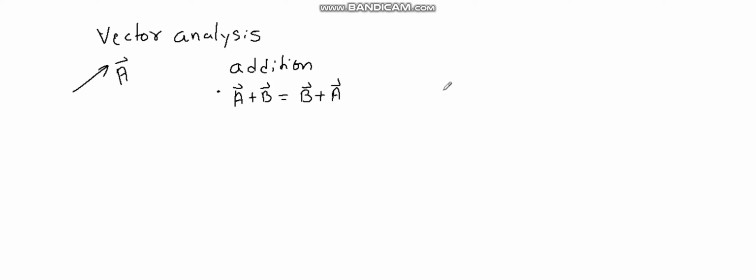So here we will add vector A with the vector B. So this is the A vector, and we are adding vector A to the vector B. So this is the B vector. So we will just transport this A vector near the head of the B vector.